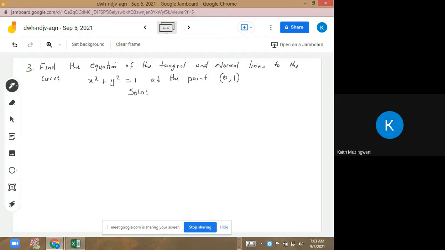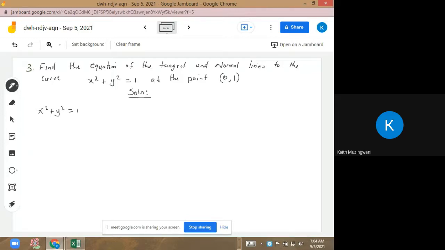Solution. If you are given x squared plus y squared is equal to 1, we can choose to differentiate this after solving for y, or we differentiate it using implicit differentiation.